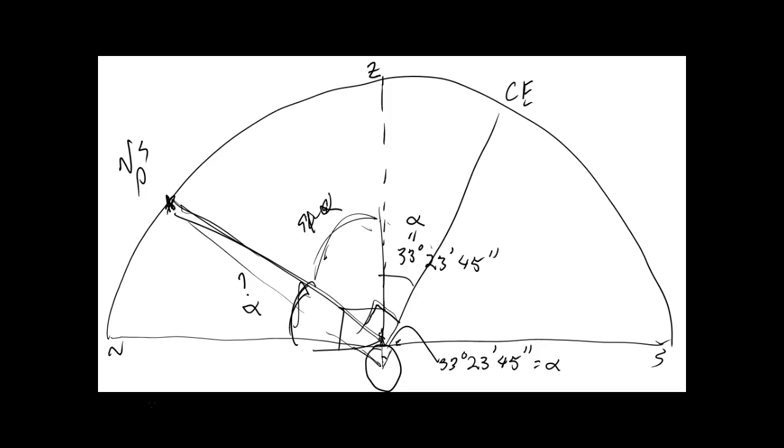If this is alpha, this is 90 minus alpha. Okay, here's a question, folks. The celestial equator starts in the east, climbs to an angle of 90 minus alpha over the southern horizon, and then drops down to the west of that horizon.